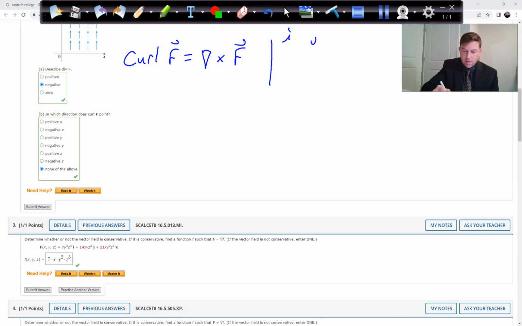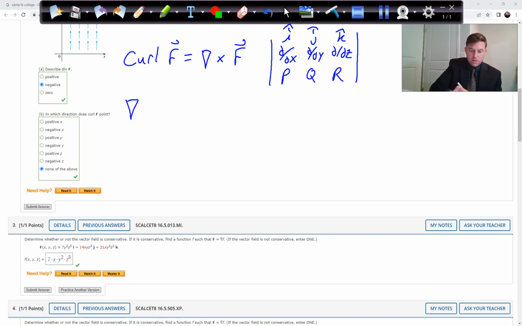We have i, j, k, and we would take partial with respect to x and P, partial with respect to y and Q, partial with respect to z and R.